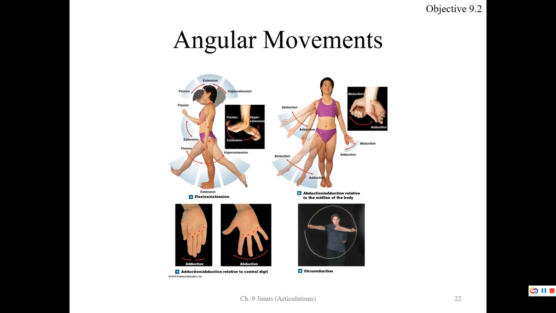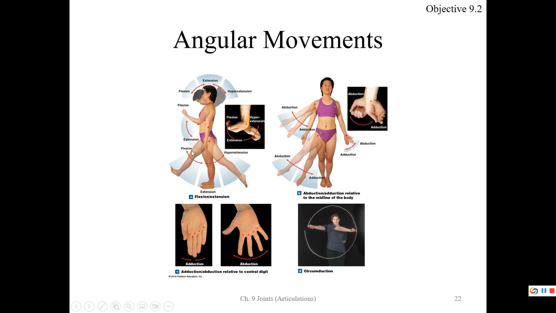So here you can actually see, for example, we flex when we look down at our feet, we extend when we put the head back up, and hyperextend when we look up into the air. We flex when we flex our elbow, we extend. Hyperextending the elbow is very hard.